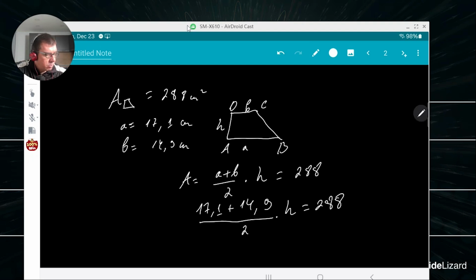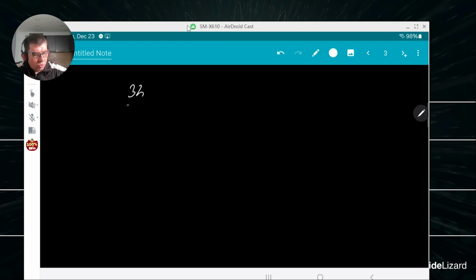So let's go to the next page. 32 over 2 times H equals 288. I can reduce this. This is 16. So H is 288 divided by 16.